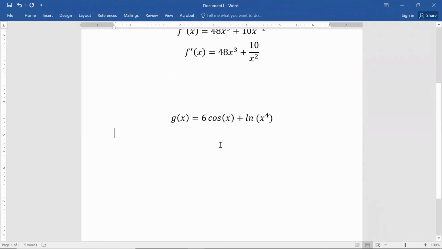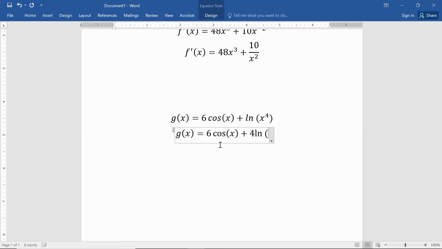Now for the g of x, I'm going to rewrite this first. Remember, don't go g prime, just go g of x. A rewrite is 6 cosine of x plus 4 times natural log of x.